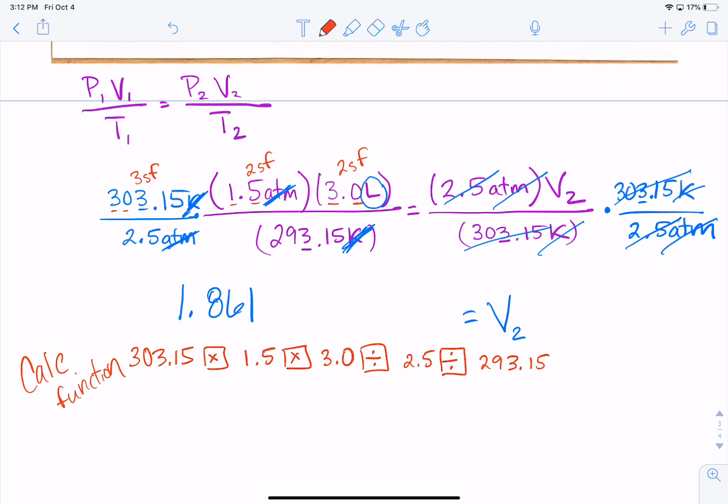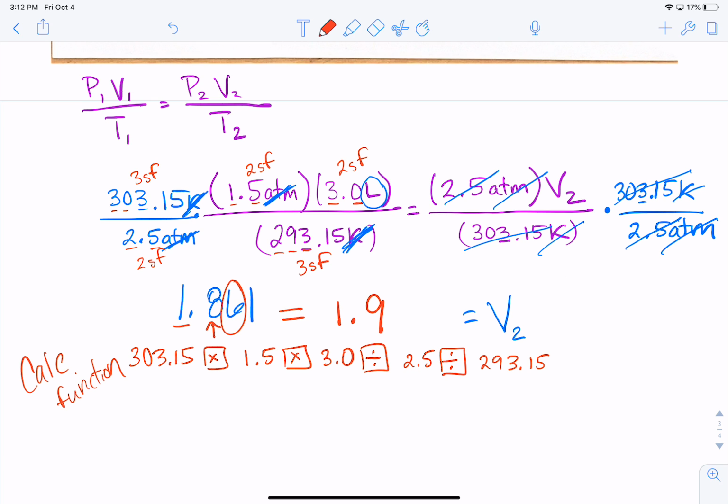We count them both. And then here is 2, and then we've indicated that there's 3 sig figs. So what are we going to round our number to? We've got 3, 2, 2, 2, and 3. We're going to round it to 2 sig figs, which is 1.9. I look at the 6. So it's 1.9. Am I done?